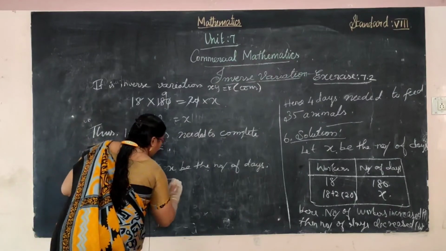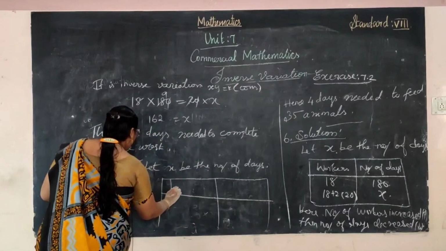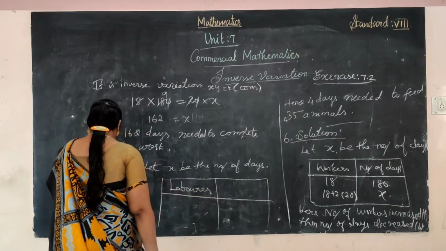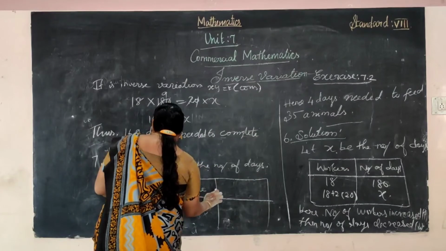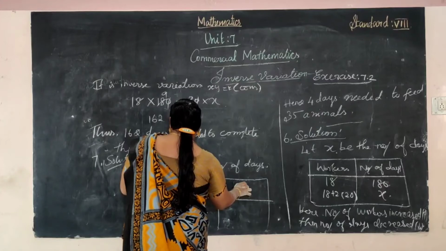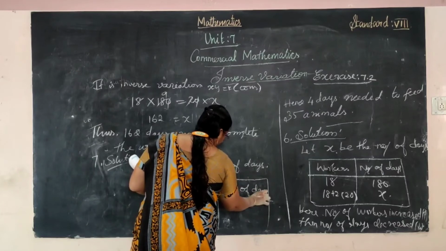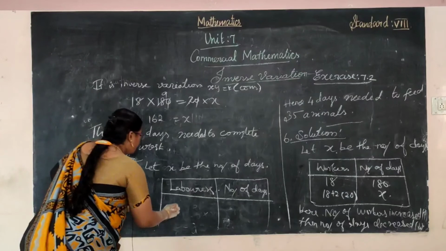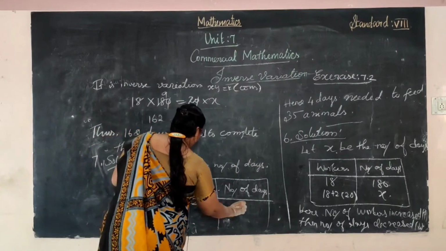Draw the table. Laborers, and then number of days. So first, 420 laborers can complete the piece of construction work in 9 months.